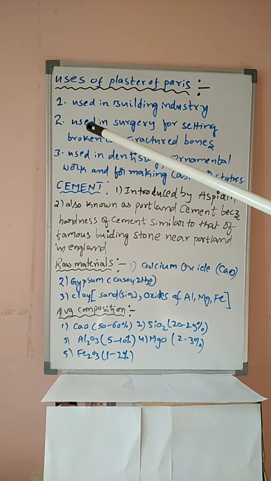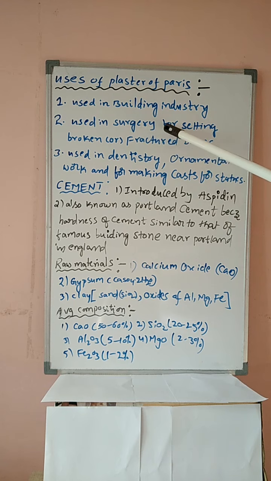Second one, used in surgeries for setting broken and fractured bones. For immobilizing parts of the body, we are using plaster of Paris.